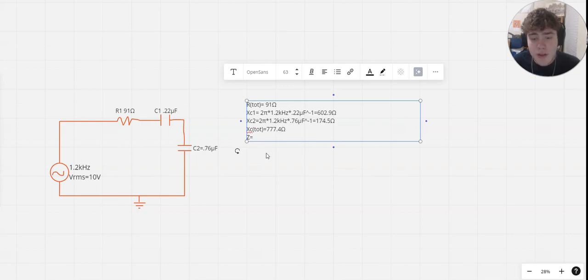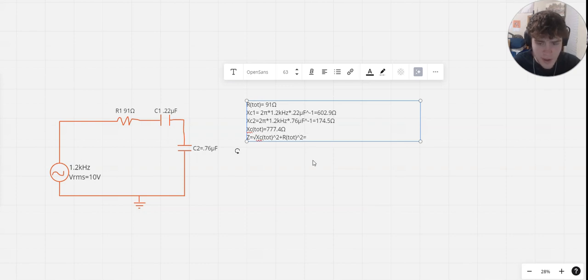Now to find the total impedance of this entire circuit, you have to do the square root of XC total squared plus resistance total squared.